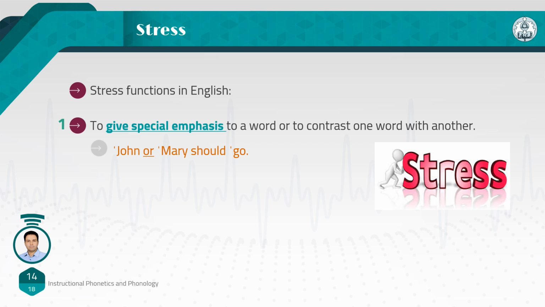For example, if someone else says, or if you even thought that someone else might possibly say, for example, John or Mary should go. Now, you might, without any prior context actually spoken, say, I think John and Mary should go.